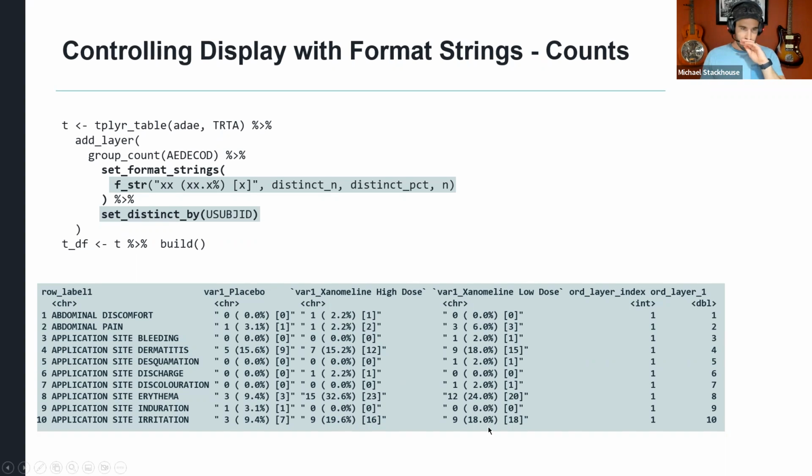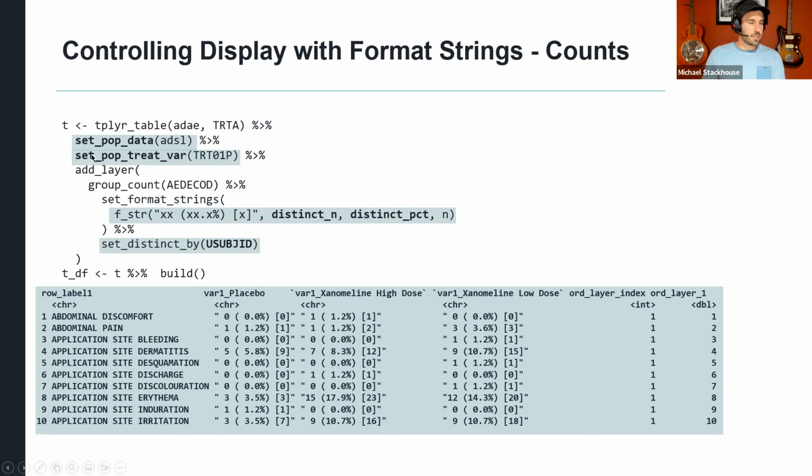But just to note here that if you're doing it manually, you have the x's as the auto format for that. So that's for counts, so that you can control how the counts are presented themselves.